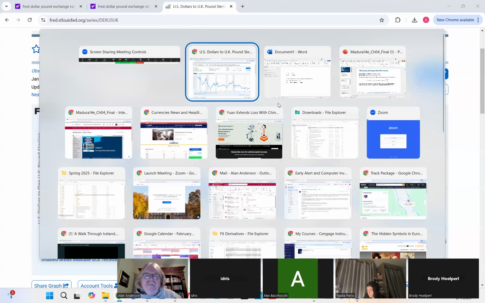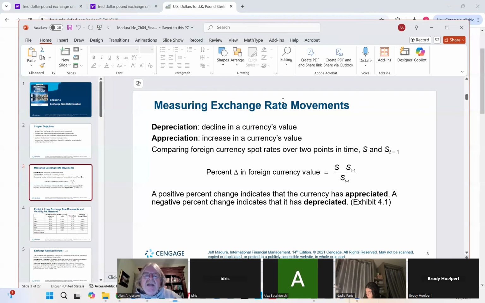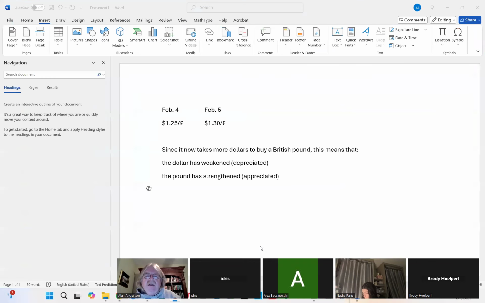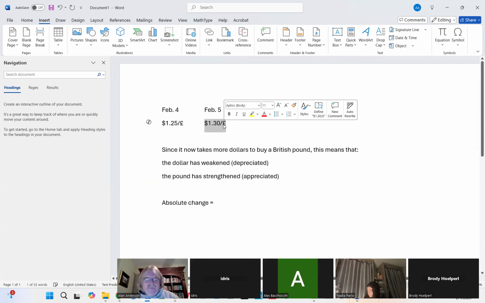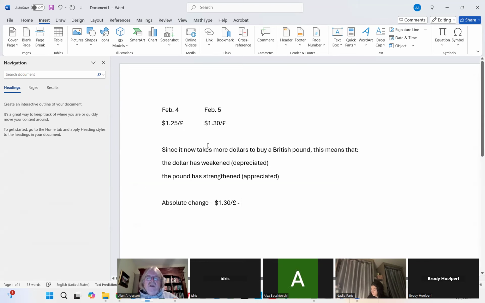Anyway, what they want you to see is that when there's a change in the exchange rate, we can calculate it in two ways. The absolute change is just the difference between the two, which you would expect. Which you can clearly see is 5 cents per pound.